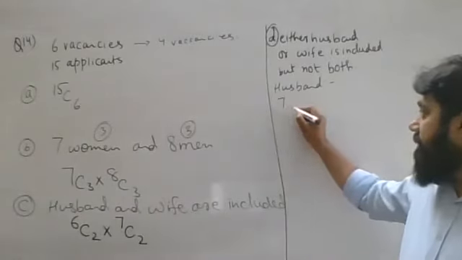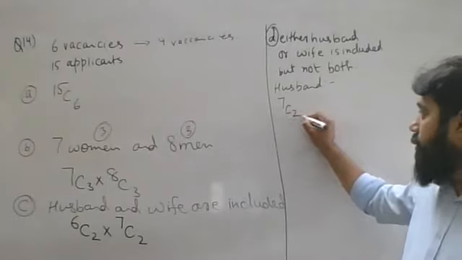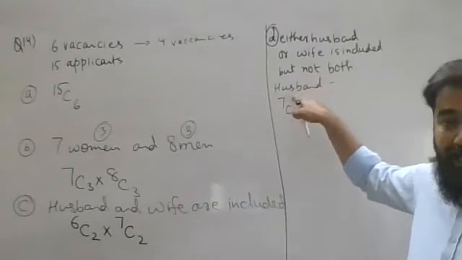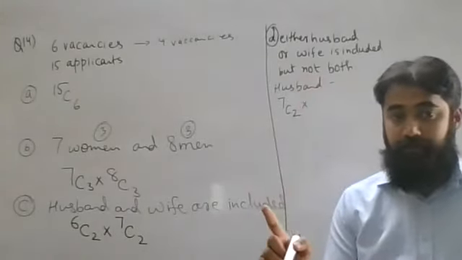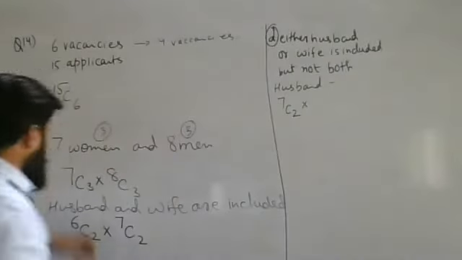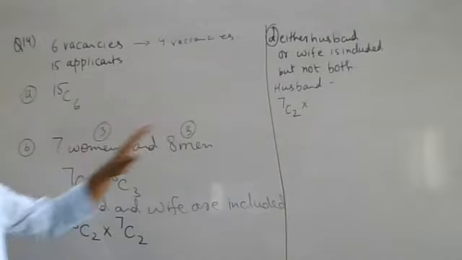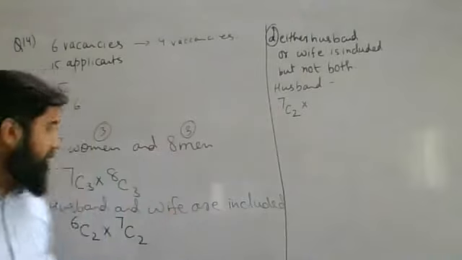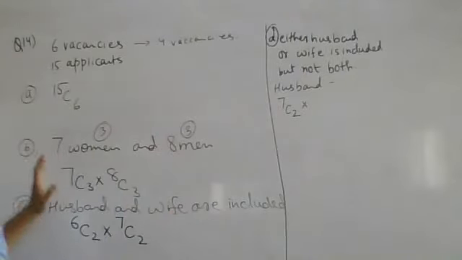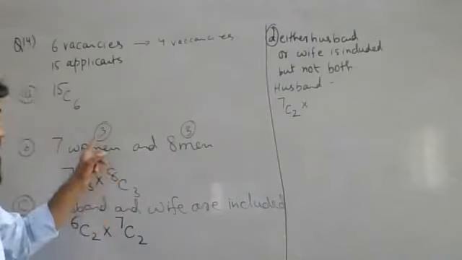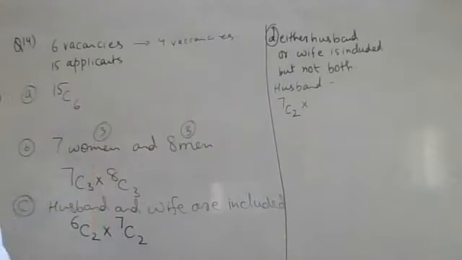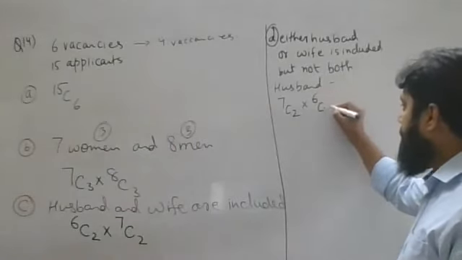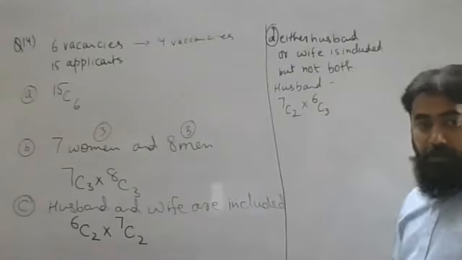So I will say 7C2, multiplied by: now when the husband is selected, wife can't be selected. So we have got 7 women over there, but as husband is selected, wife can't be there. So I'm taking out wife from the option. So instead of 7 women, now I'm having 6 women, but still 3 vacancies are there. So I will write 6C3.